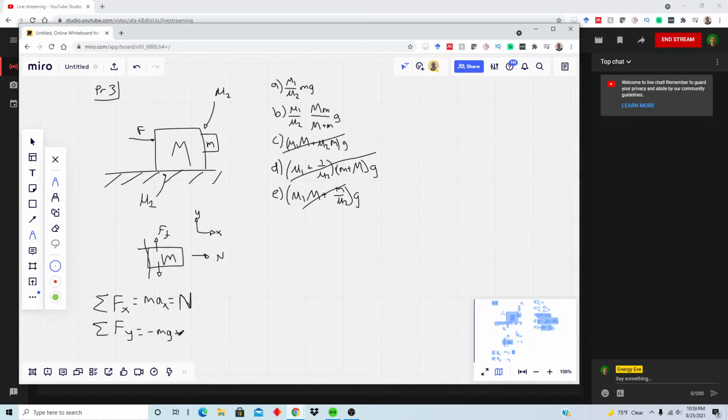And as we know from our studies, this frictional force is mu times the normal force, the coefficient of friction times the normal force. In this case, which mu will we use, mu1 or mu2? Of course, mu2, because it's the friction between these two, right?